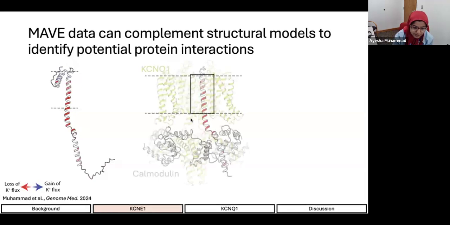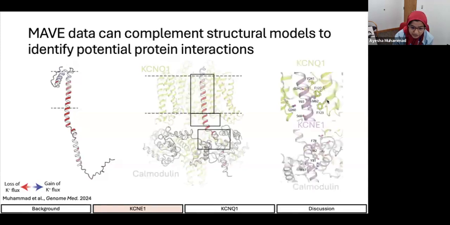So for example, here, and then also here, which I've zoomed in here. These variants in the first intracellular alpha helix are pretty close to KCNQ1, and we hypothesize that there's a biologically meaningful interaction between the KCNQ1 variants and the KCNE1 variants.